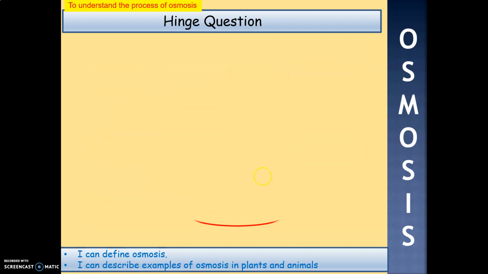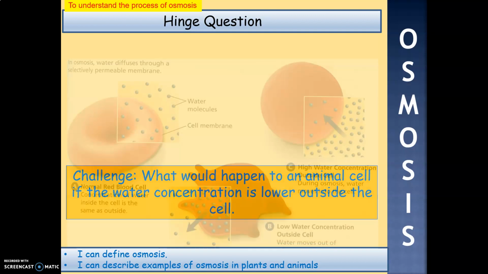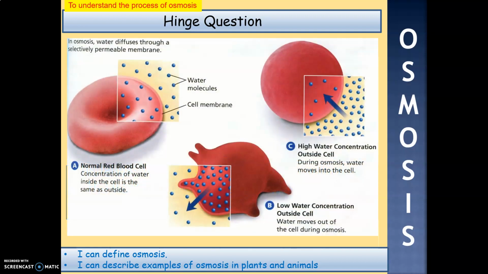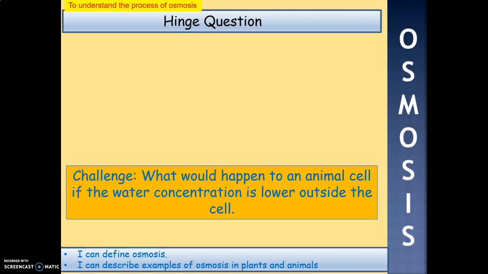Amazing answers. We have another scenario, just explaining what would happen to an animal cell if the water concentration is lower outside the cell. So can you please pause the video again? You have, say, 3 minutes to describe what will happen.